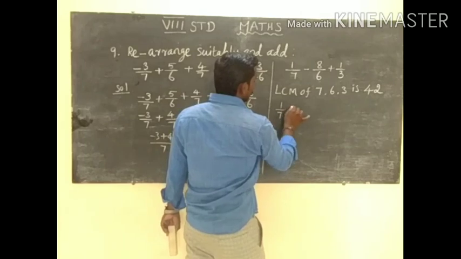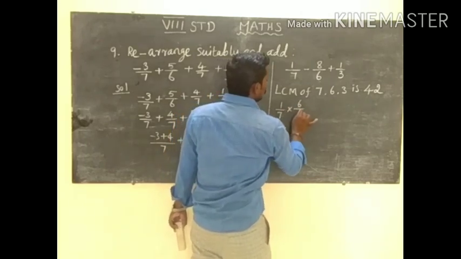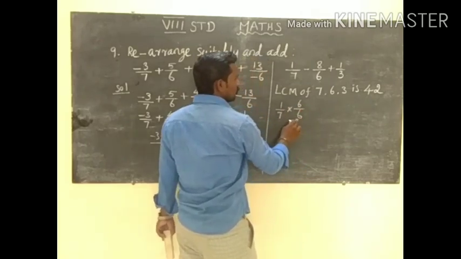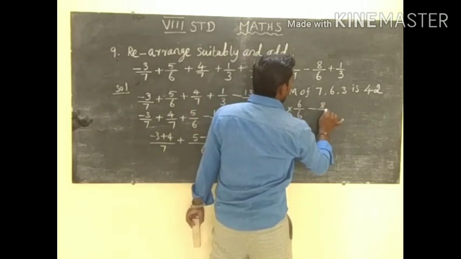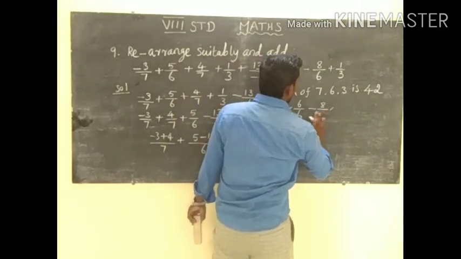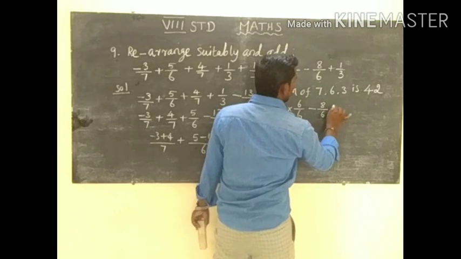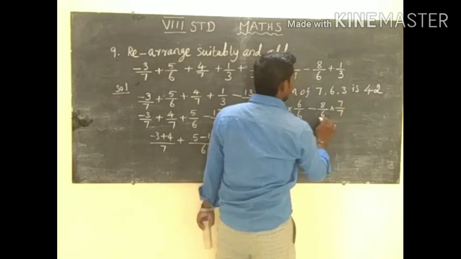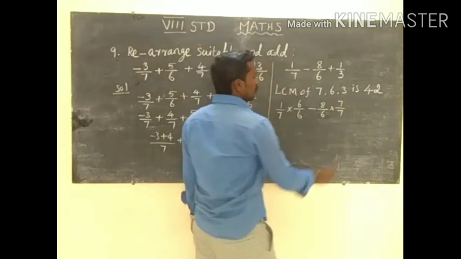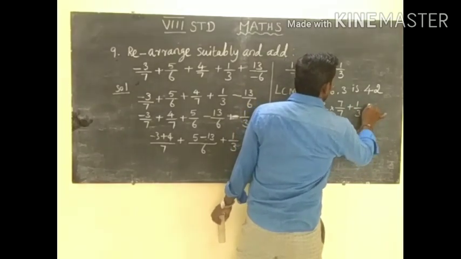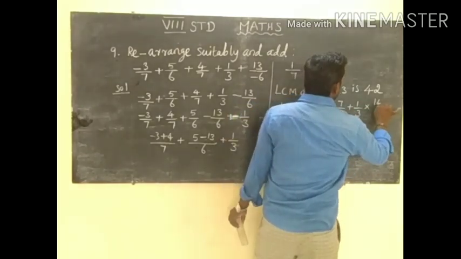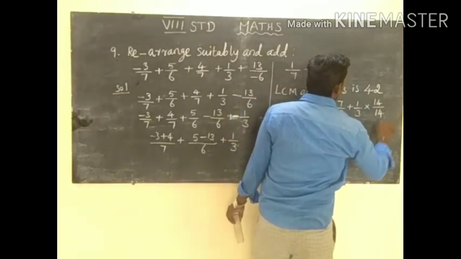Multiplying 1 by 7, we get 6 sevens are 42, minus 8 by 6 into 7 by 7, plus 6 sevens are 42, plus 1 by 3 into 14 3s are 42.